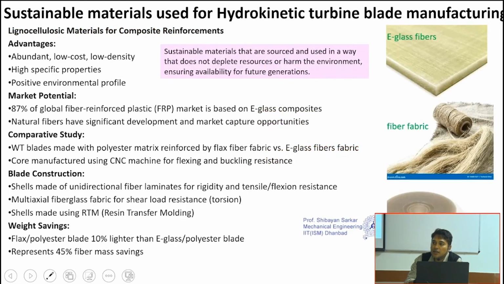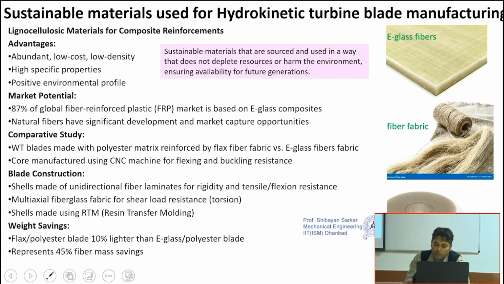Sustainable material means it can be sourced from nature and used, and it will not be depleted. So finding sustainable materials is also very important. Different combinations are being made to prepare those sustainable materials which can be used in the preparation of this hydrokinetic turbine.